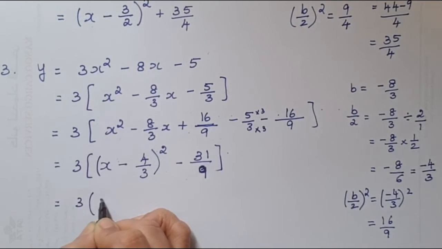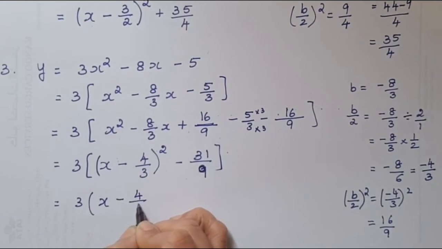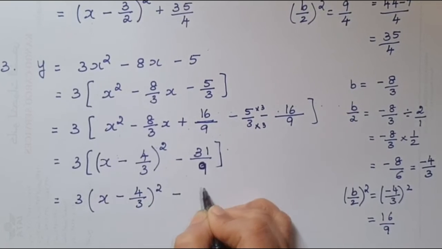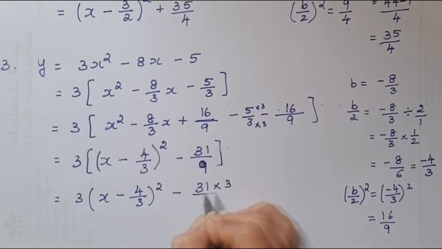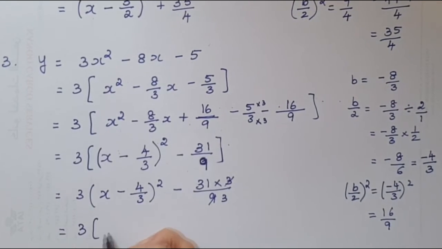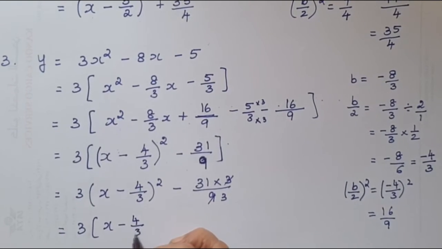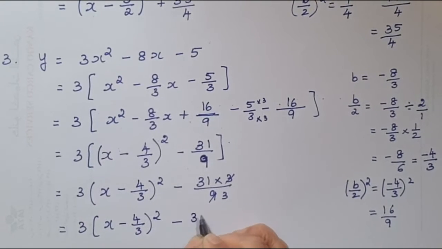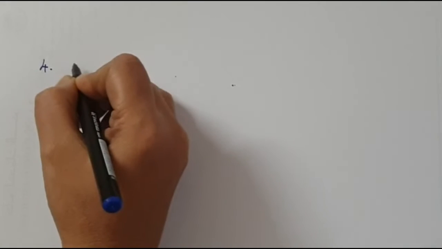So it is 3 into x minus 4 over 3 the whole square, minus 31 into 3 over 9. So when we simplify it, it is 3 into x minus 4 over 3 the whole square minus 31 over 3.